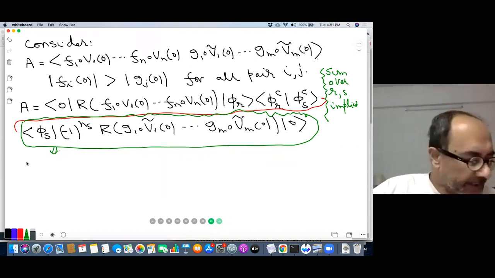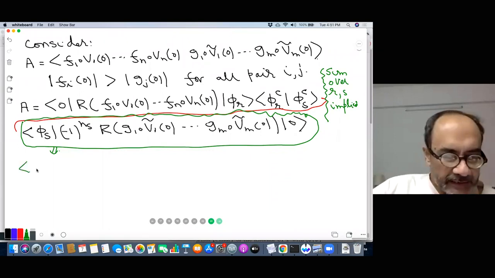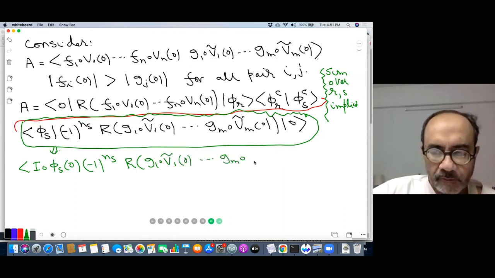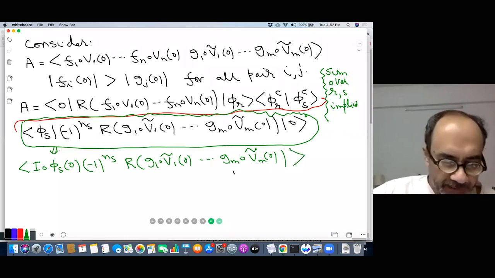Okay, so let me write this as I dot phi s of 0 minus 1 to the ns, and then the radial ordering. Well, actually I don't have to write it. Let me remove this radial ordering.